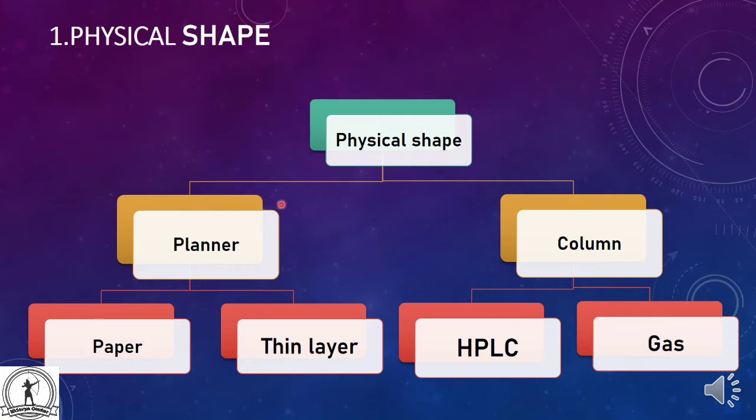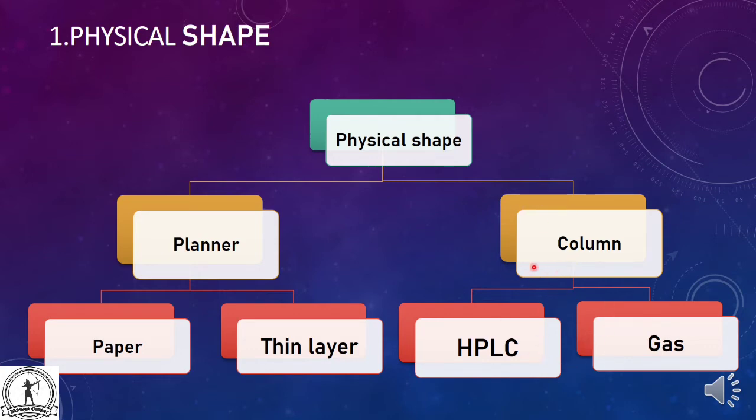In planar, paper and TLC, the mobile phase moves in the opposite direction of gravity, means upwards, and that is called capillary action. But in column chromatography it mostly moves downwards. We keep the GC column straight or flat, but generally it moves in the direction of gravity, top to bottom.